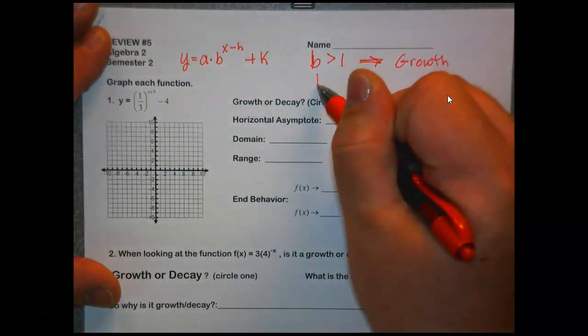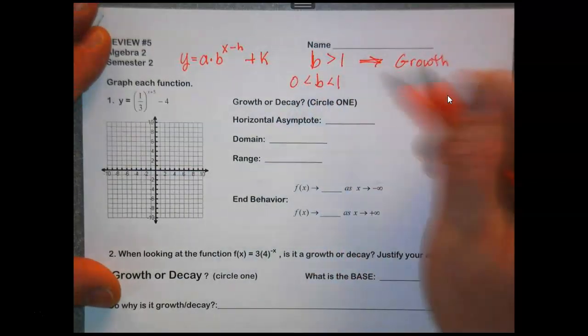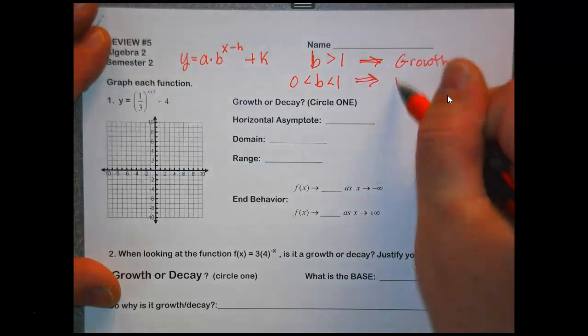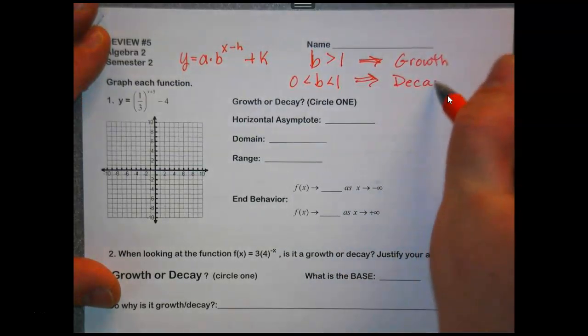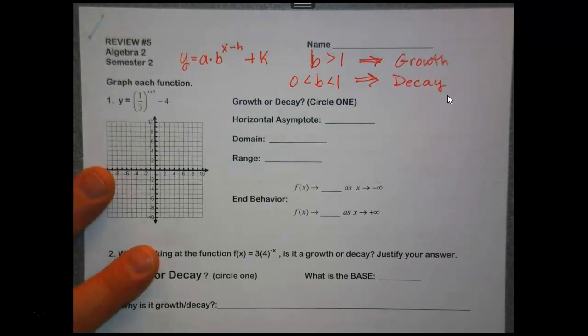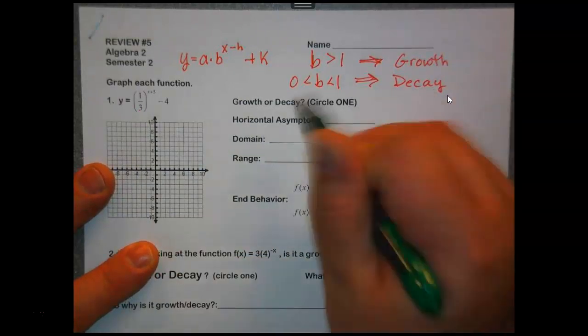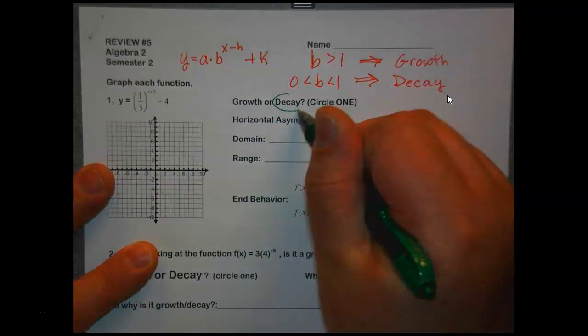If my b is a fraction between 0 and 1, I have decay. So just by looking at this equation, do I have growth or decay? What's my b? 1/3. So it's a fraction between 0 and 1, so I have decay.